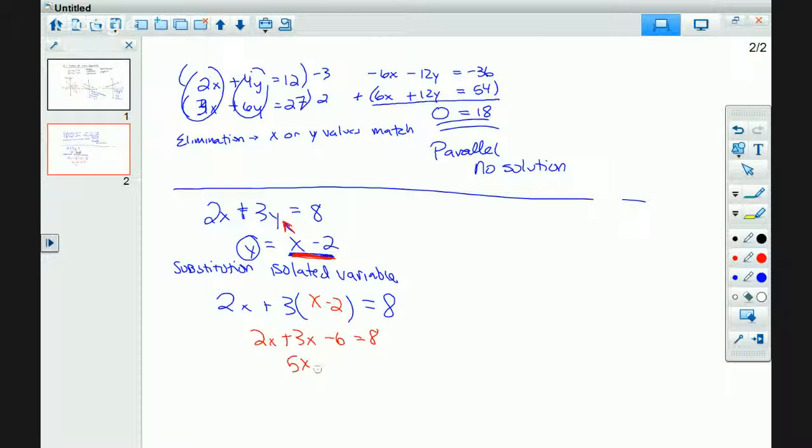No, you're wrong. Do you see your mistake? You gotta use the distributive property. Somebody knows the 5x. Add 6. And then y.